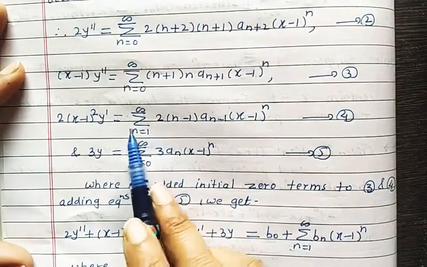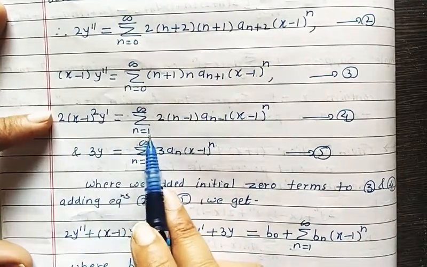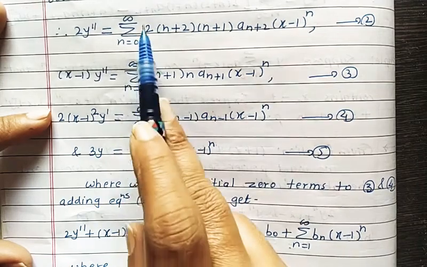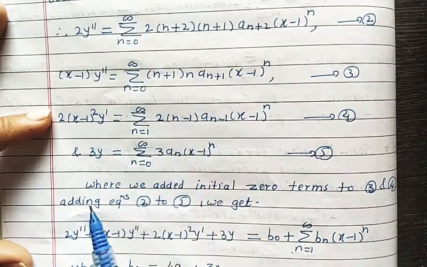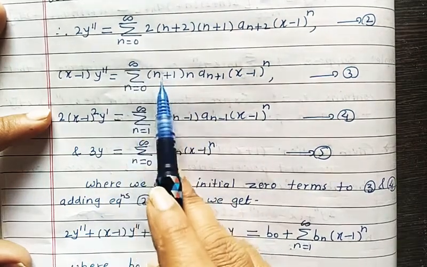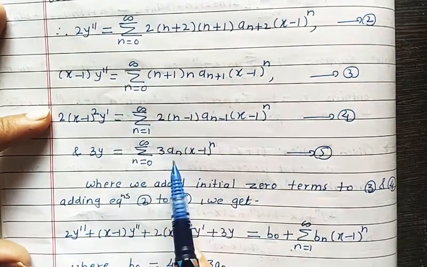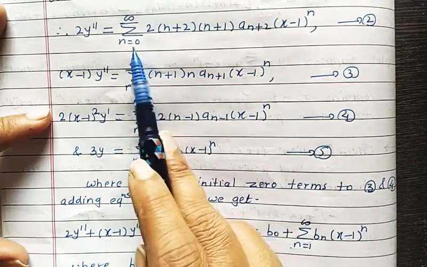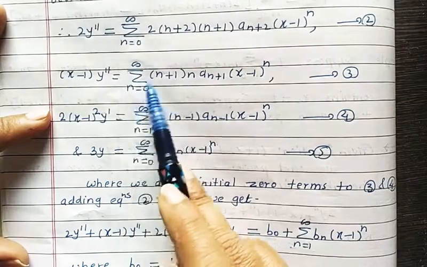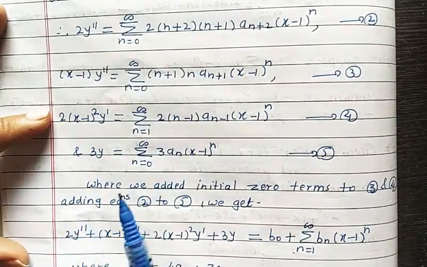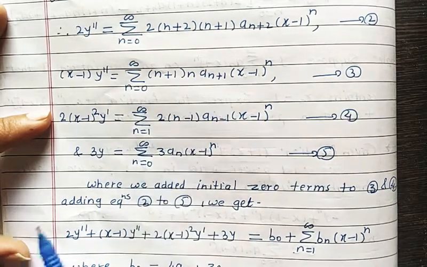The third series starts from n is equal to 1 to infinity, and the remaining 3 start with n is equal to 0. So we will put the value of n is equal to 0 in these 3 equations and calculate the term we get, and then we generalize the remaining.